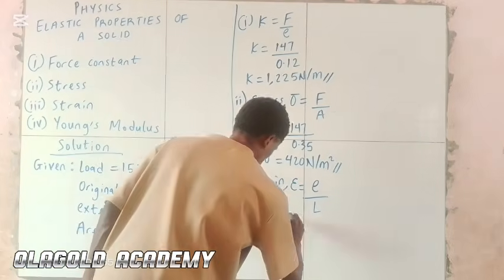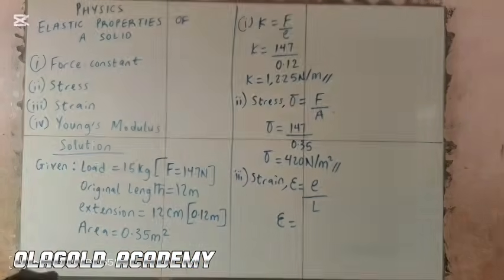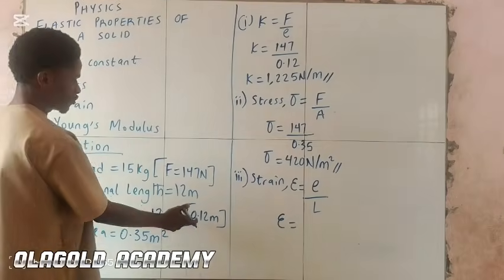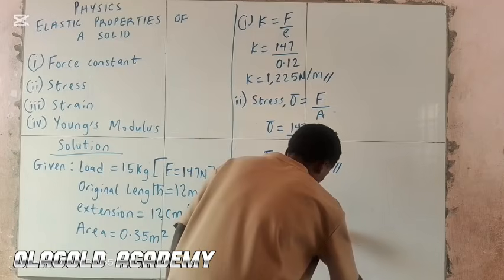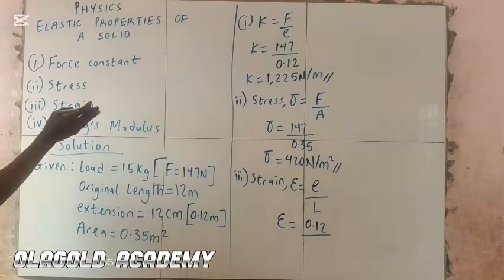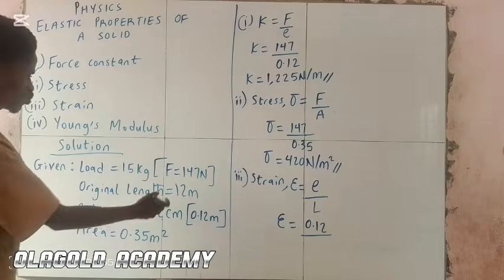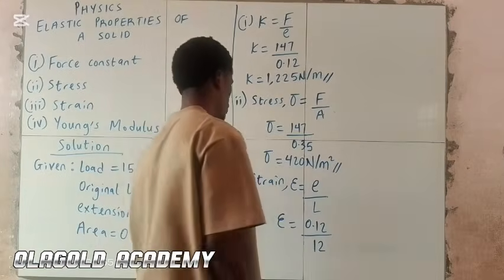So epsilon equals extension, which is given as 0.12 meter, over the original length, which is given as 12 meters.